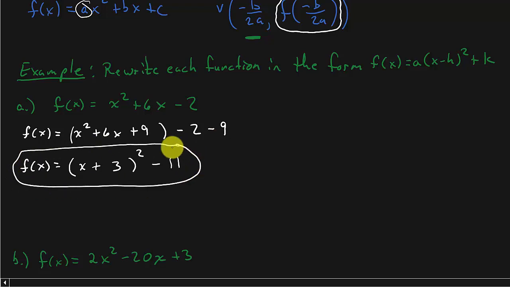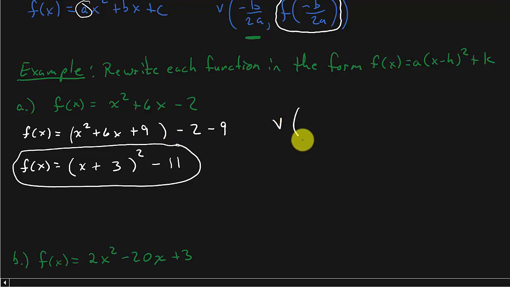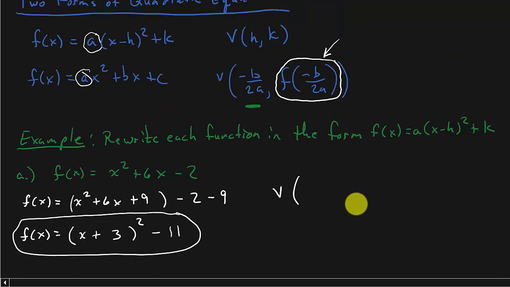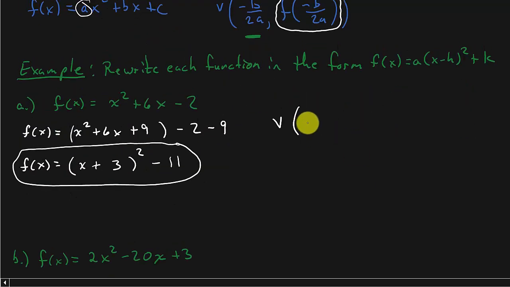All right. Now, they don't ask us to find this, but let's just go ahead and do it for fun. Let's find the vertex. So the vertex here, remember, it's in this form right here. So our vertex is (h, k). What's the vertex? It's negative 3, negative 11. That's the vertex.